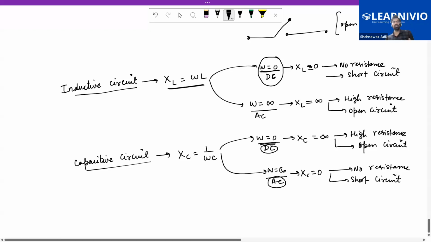So through a capacitive circuit, AC current will flow, and through an inductive circuit, DC current will flow. That is the idea, right? If this is clear, then please note it down, and then we will do some questions. Please note it down first.